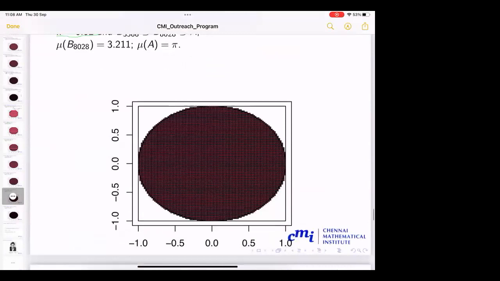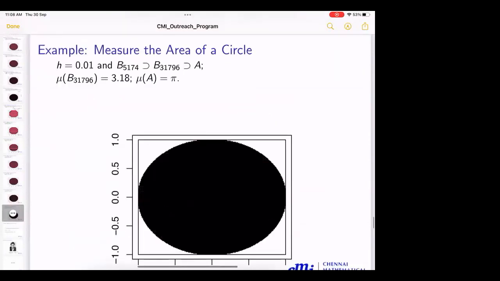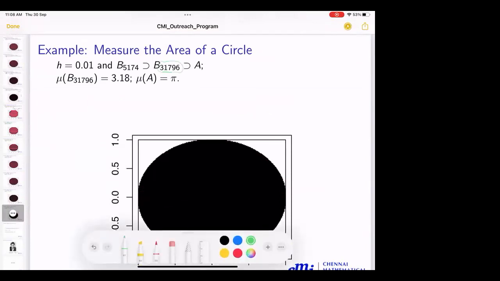And finally, when I'm taking h equal to 0.01, it turns out that we have 31,796 such squares which completely inscribed the circle, which is still a superset of the circle. The circle is completely inside this geometric shape.